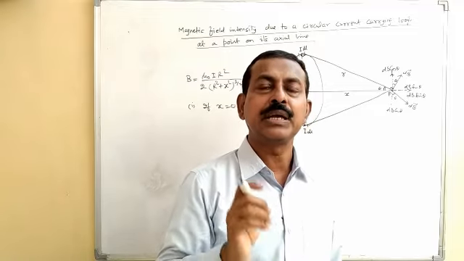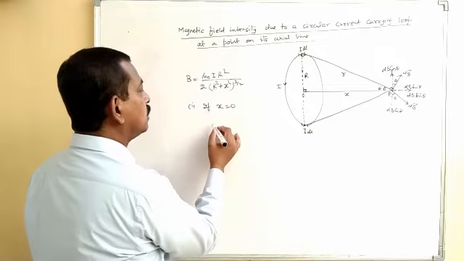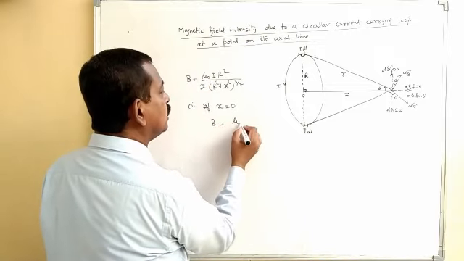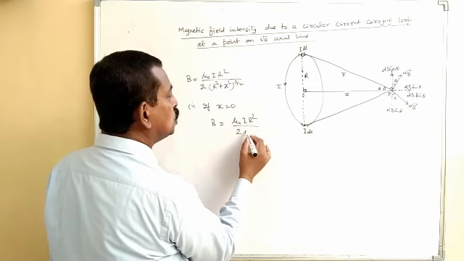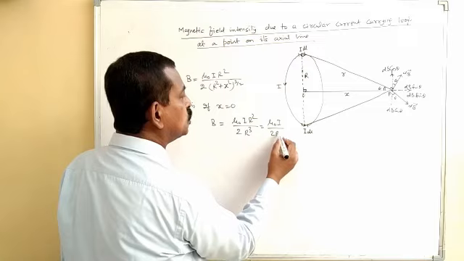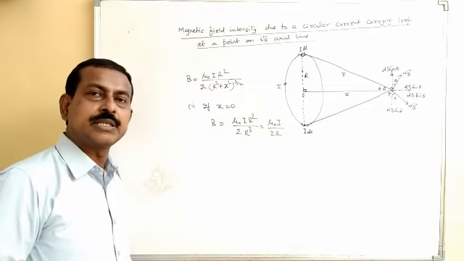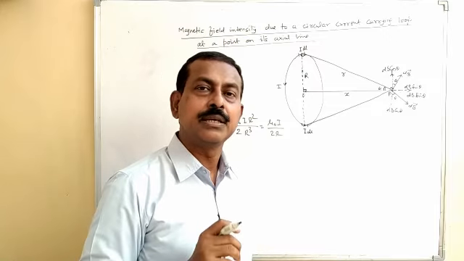That means the magnetic field at the center of the circular current carrying conductor. That we can get if you take mu naught I R square divided by 2 R cube, and finally it is your mu naught I by 2 R. This is the expression for the magnetic field at the center of the circular current carrying conductor.